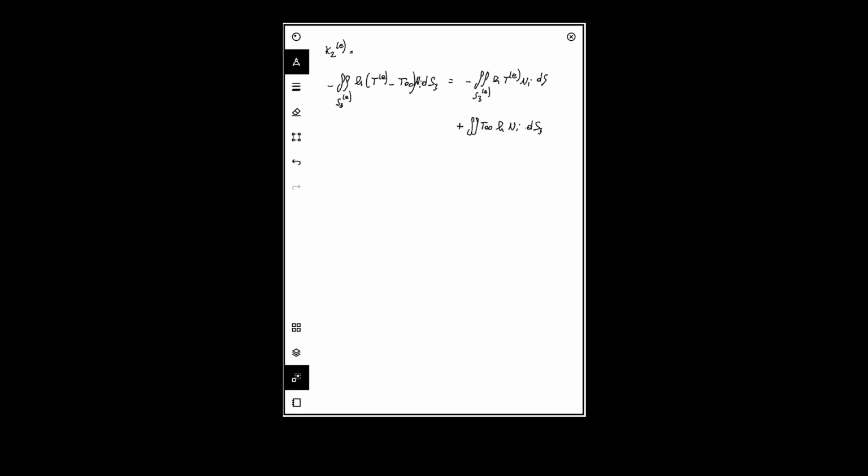So if we focalize the attention, this term is a known term, and we call it P3.